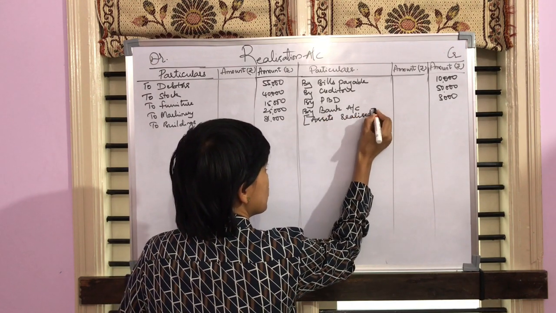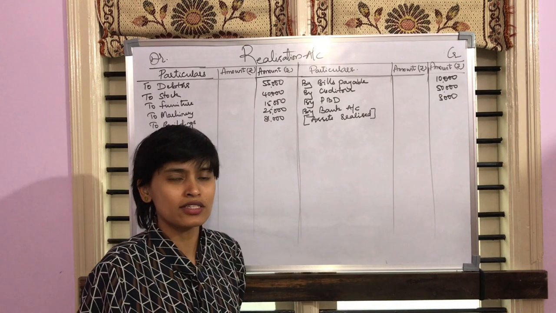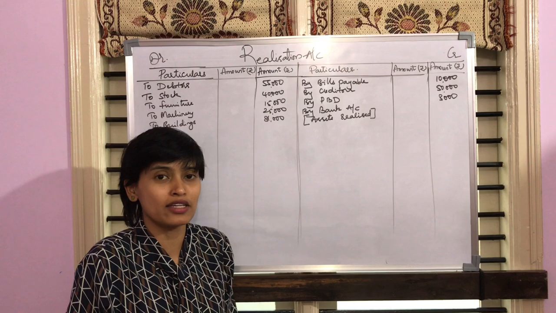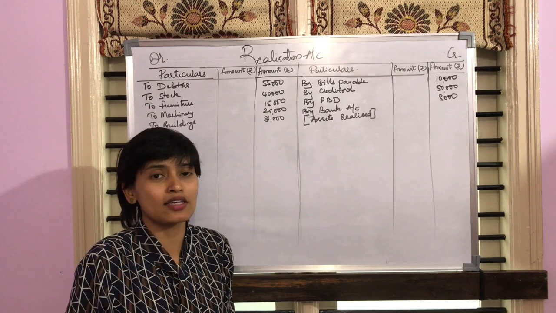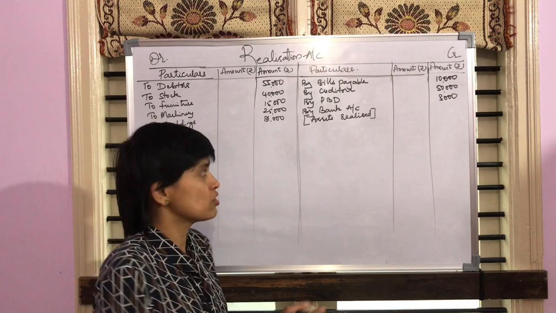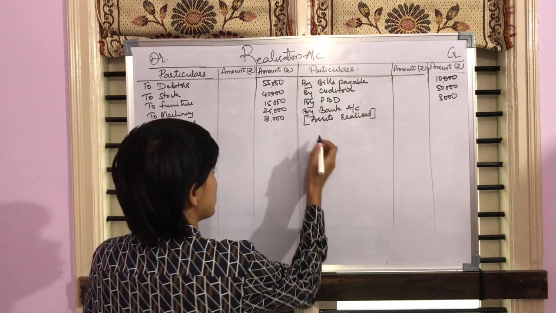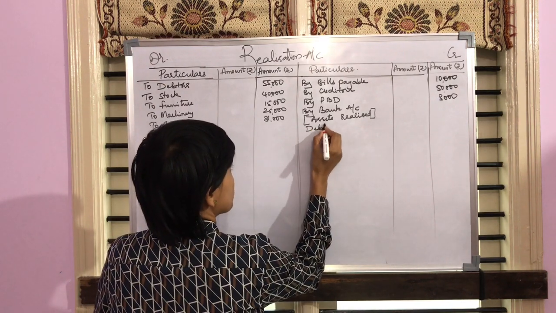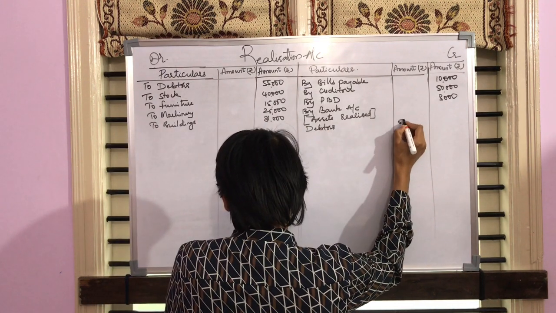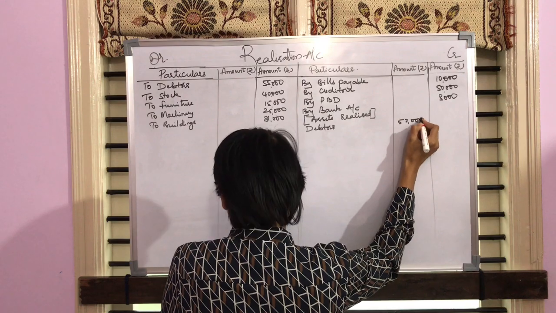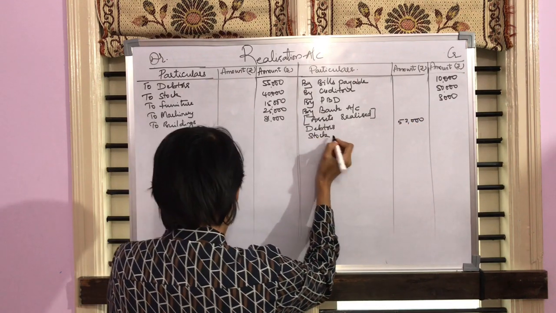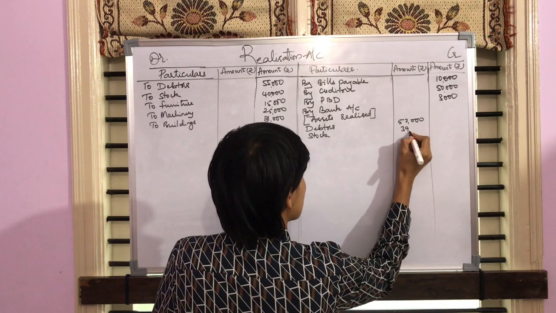In bracket, for you to understand, I will write it as assets realized. Either the assets will be realized or assets should be taken over. So make sure that from the balance sheet all the assets are either realized or being taken over by the partners. So the first asset given in the question is debtors. So write it as debtors, amount being rupees 52,000. Stock value is 39,000.